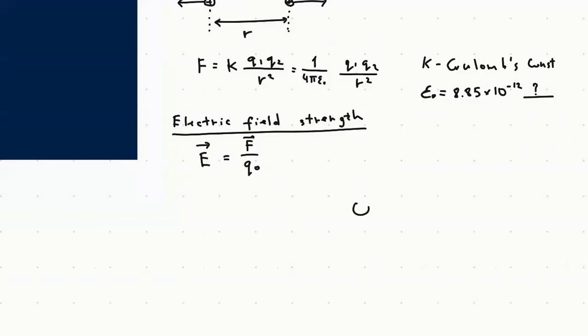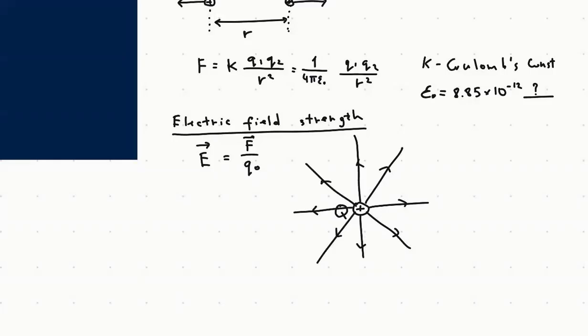Let's say this field is produced by charge Q capital. There's a field around the charge. And we place another charge, a very small charge, Q0, into that field.